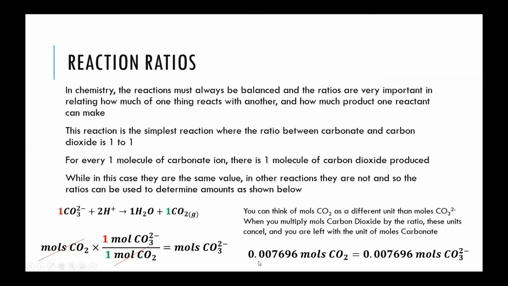That means that this 0.007696 moles of carbon dioxide came from and was generated by 0.007696 moles of carbonate anion. So you've taken a mass, converted it to moles, and used the reaction ratio within the balanced chemical equation to determine the moles of the other component in the reaction.